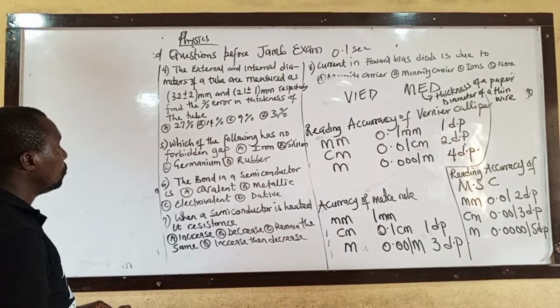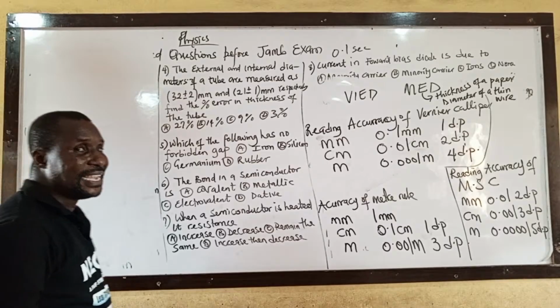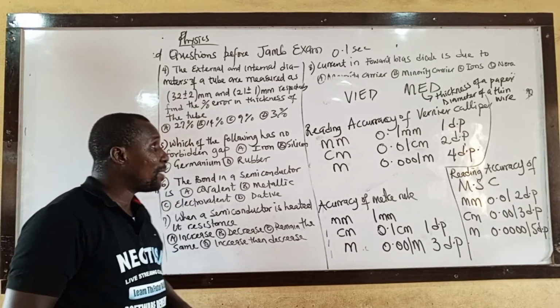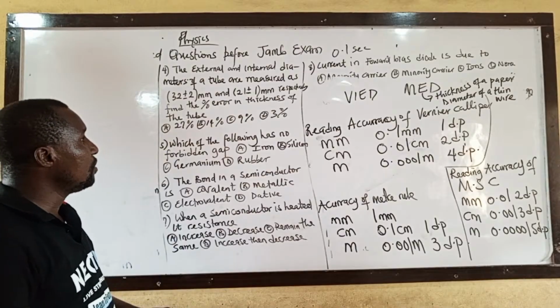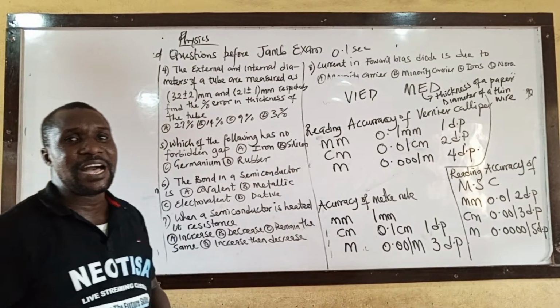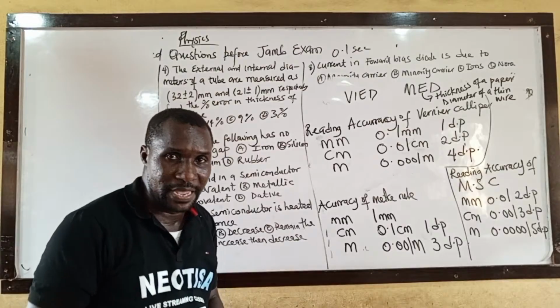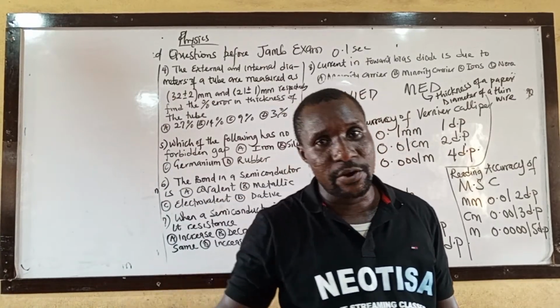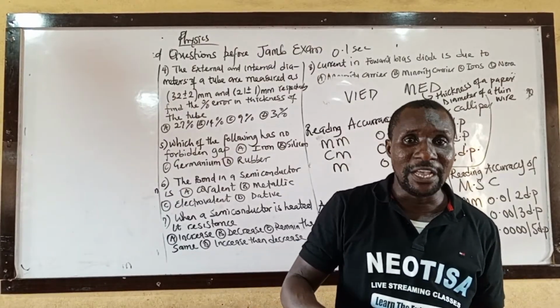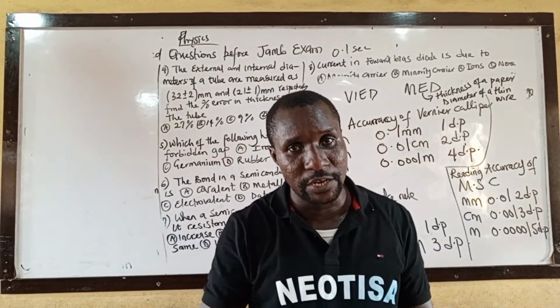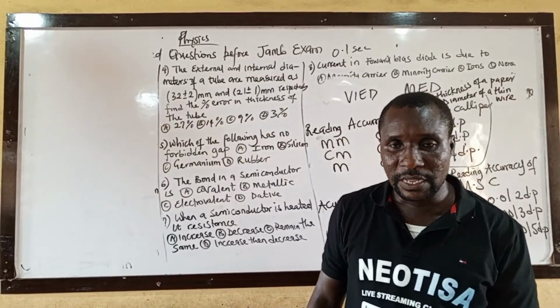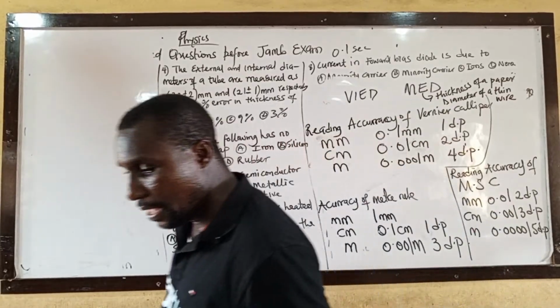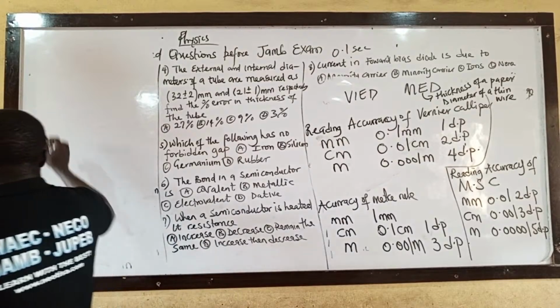What do we use to solve this? We have percentage error. Percentage error equals error over actual measurement times 100 over 1. Take note, this is the formula. Let me write the formula.